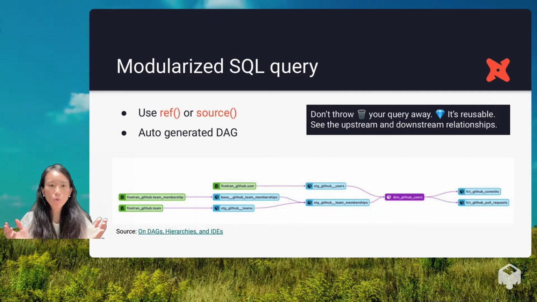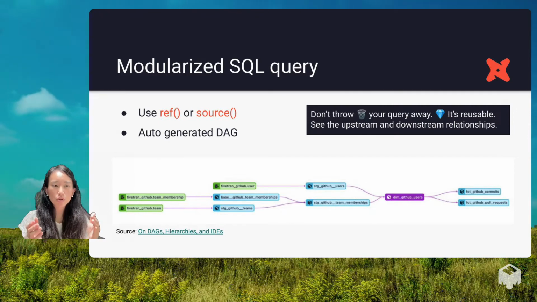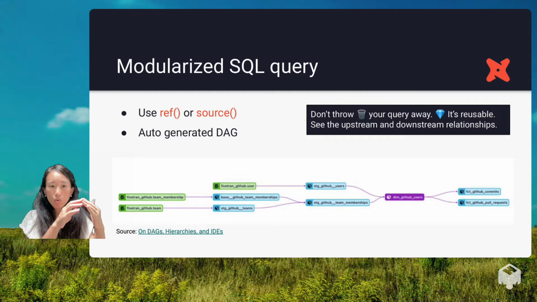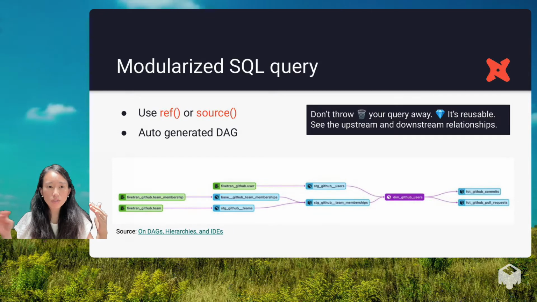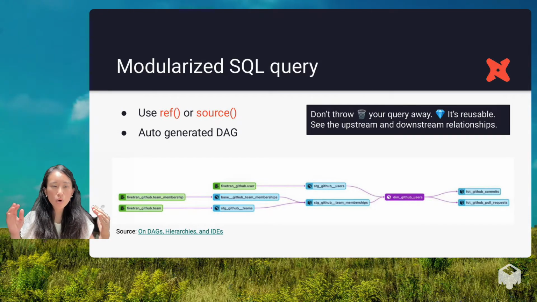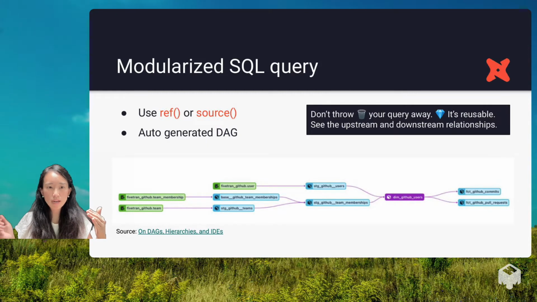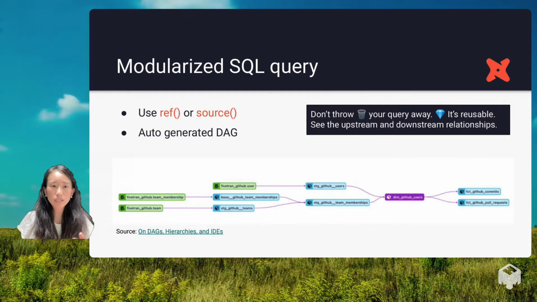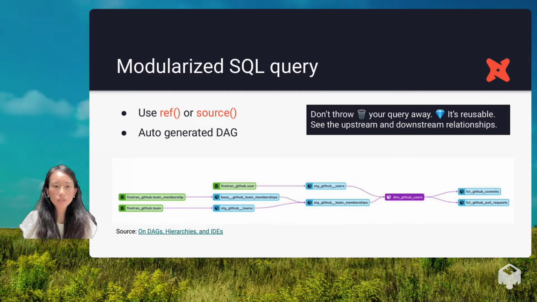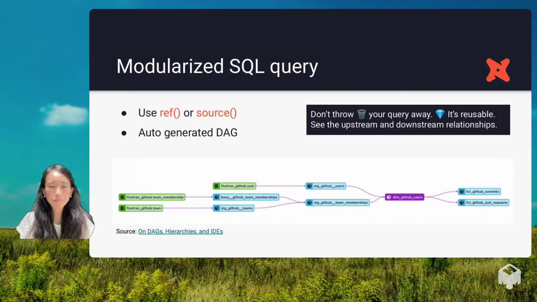For the data team, it's quite easy to understand, and if I change anything, I can see the impact, what the downstream tables are, so I know if I need to change the transform logic or notify anyone else. That's really straightforward for the data team to manage the data pipeline.